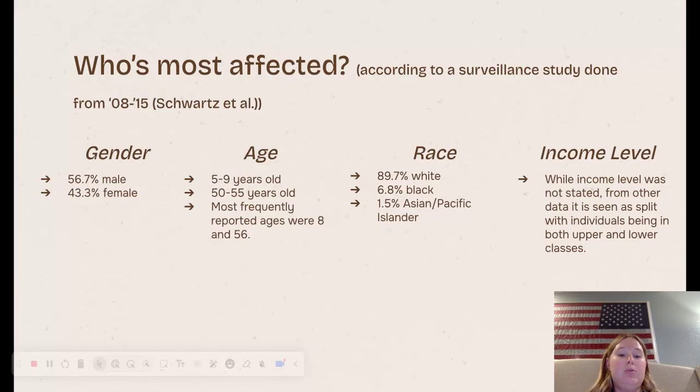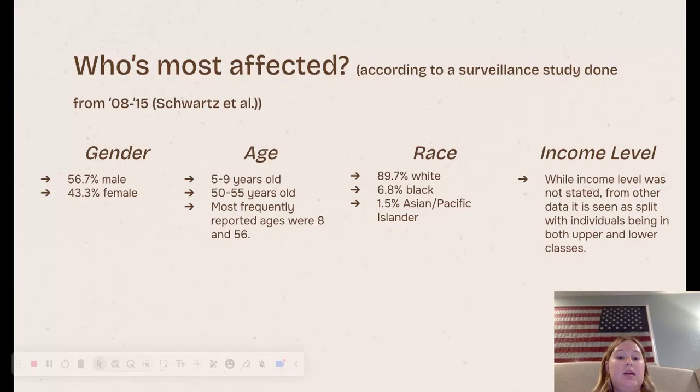So nearly 90% of the cases that were seen were in white individuals, which could be due to the fact that the areas that Lyme disease is found in are not very diverse.